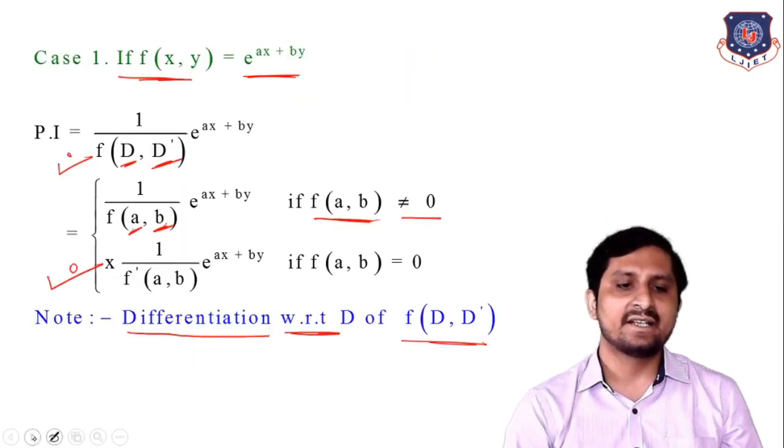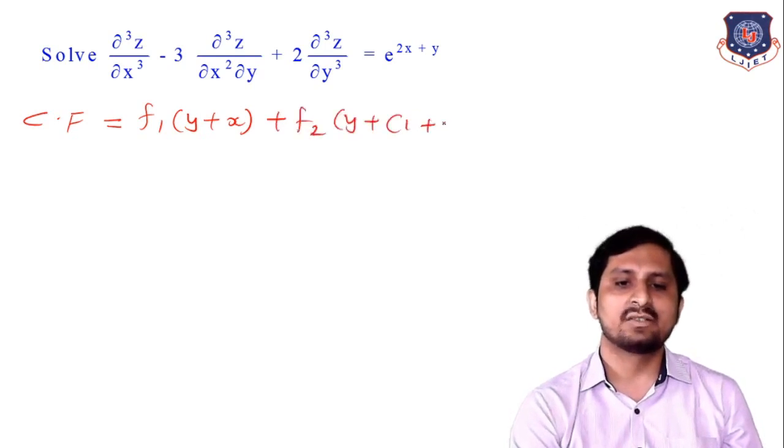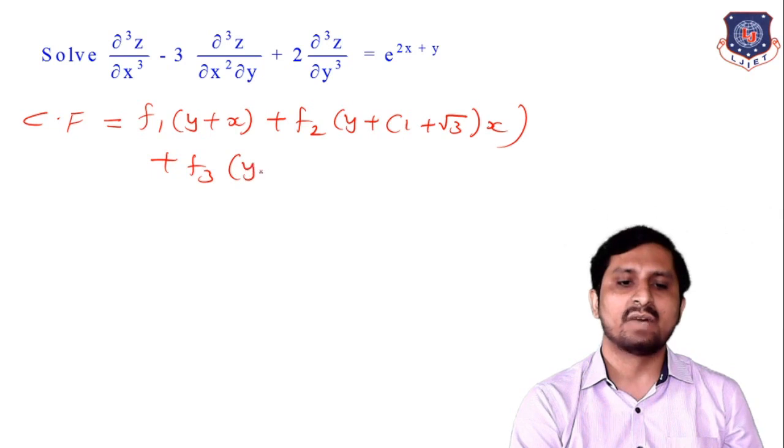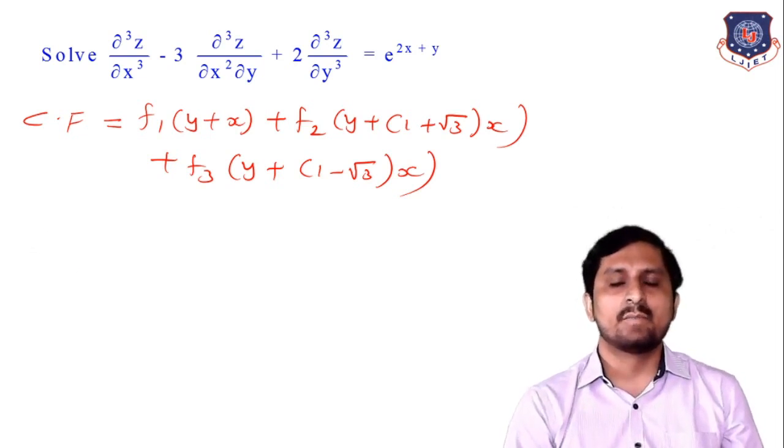So I directly write the complementary function here, don't be confused: f1 of y plus x, plus f2 of y plus 1 plus root 3 into x, and plus f3 of y plus 1 minus root 3 into x. Now my main concept is to find the particular integral.